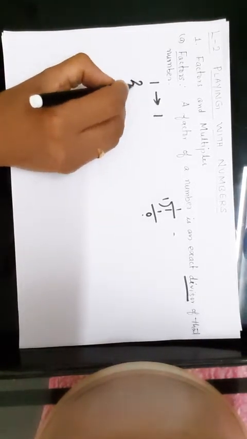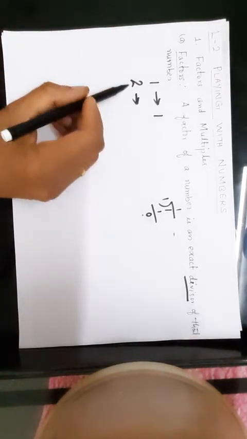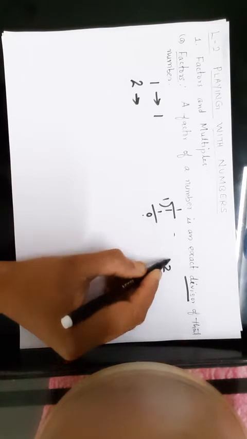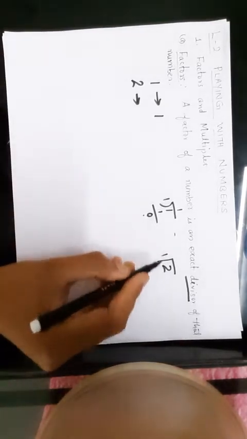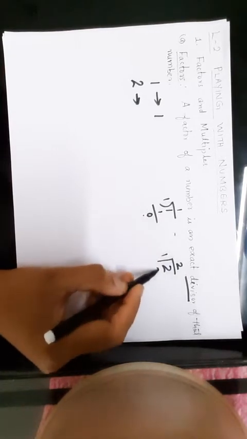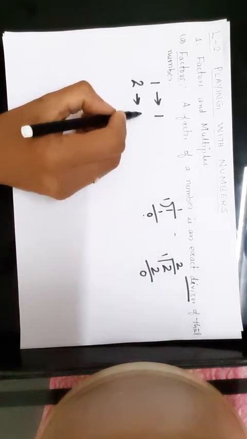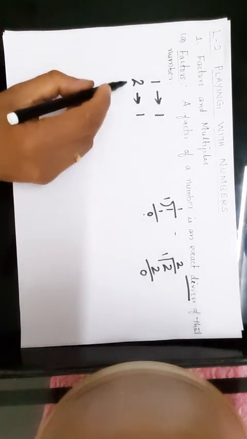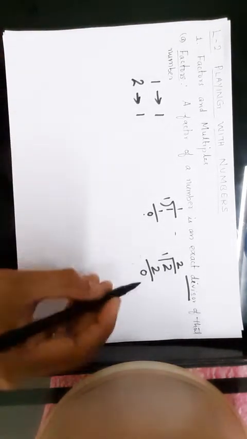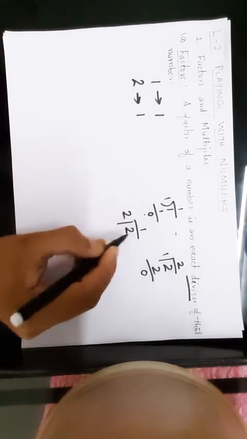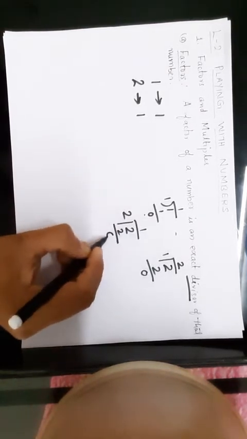Now the next number is 2. Let us take 2 divided by 1. How many times is 1 in 2? 2 times. 2 ones are 2, remainder 0. So 1 is again a factor. If we divide 2 by 2, we get 1, remainder 0.